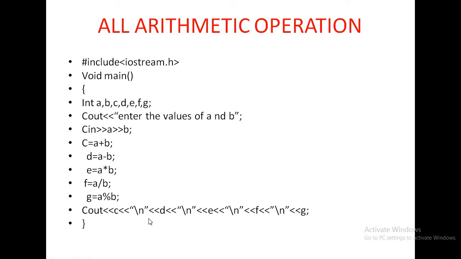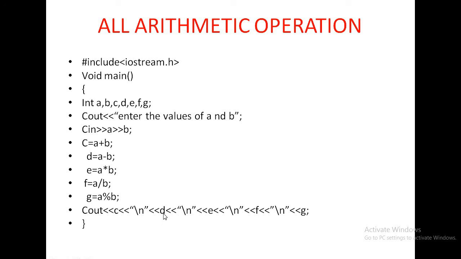But in the middle I am writing \n. What is the work of \n? The \n just moves the cursor to the next line. If you do not put \n, all the outputs come in a single line. But if you want to see your output on the next line, then you can put \n after every output. cout C, so the output is printed, and \n means the cursor moves to the next line.